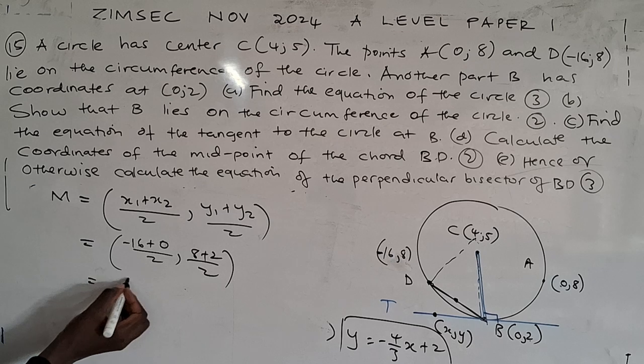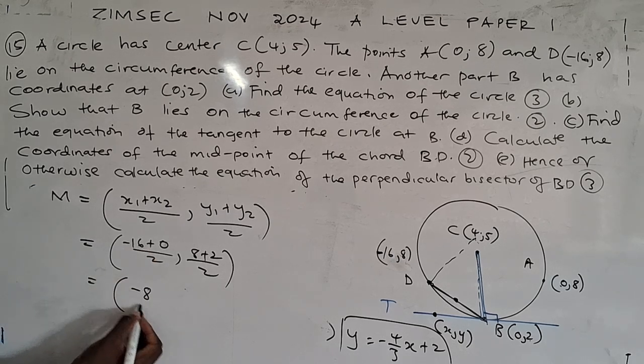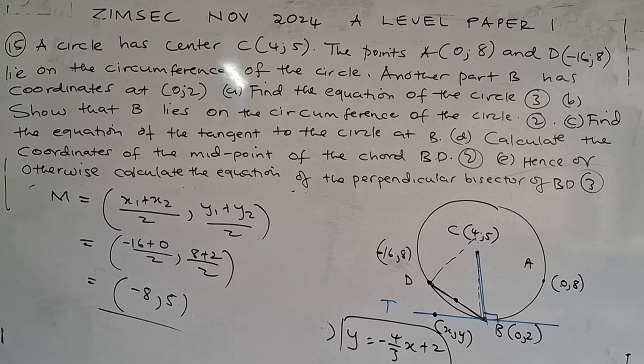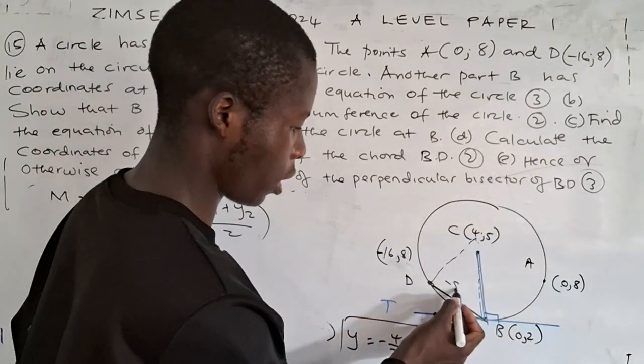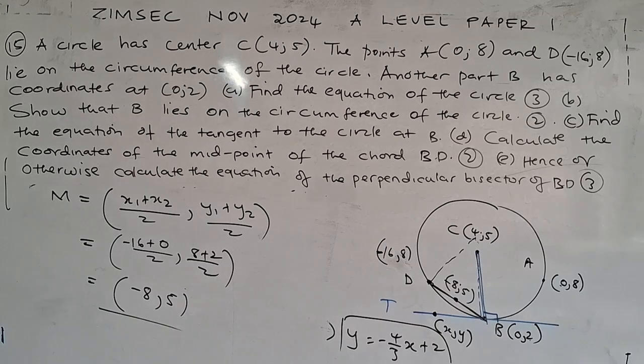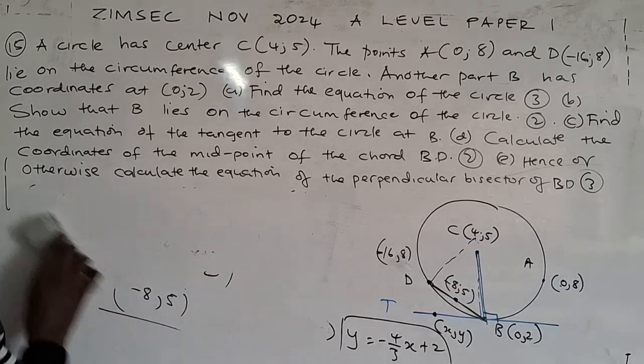So this will give you negative 8, and here you get 5. So the midpoint is negative 8, 5. These are the coordinates. Okay, let's move on to the next part.